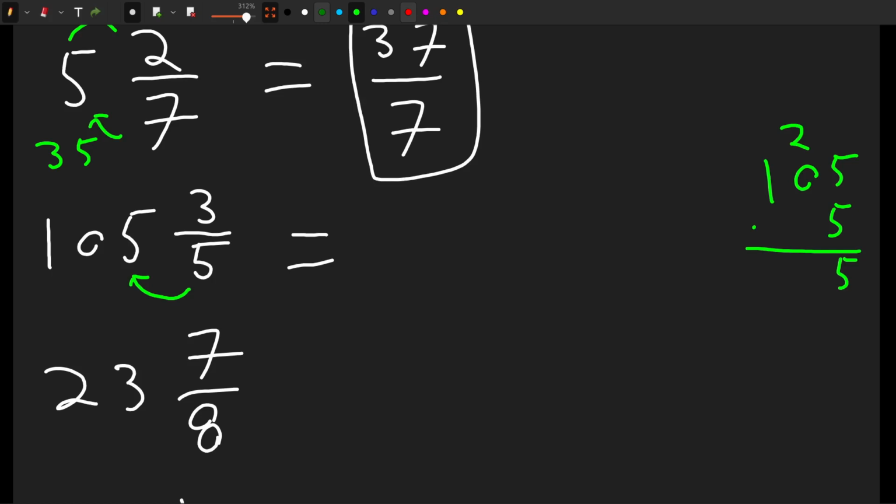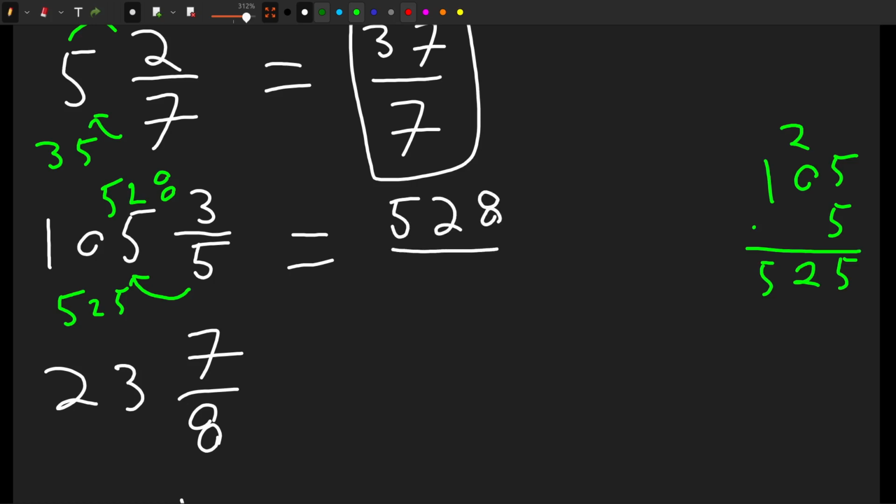Carry the 2. 5 times 0 is 0 plus the 2, we get 2. 5 times 1 is 5. So we're left with 525. And then adding the 3, we get 528. And then in our denominator, we're left with a 5.